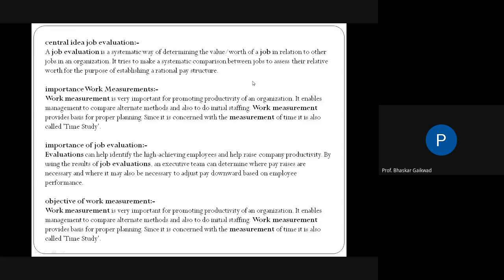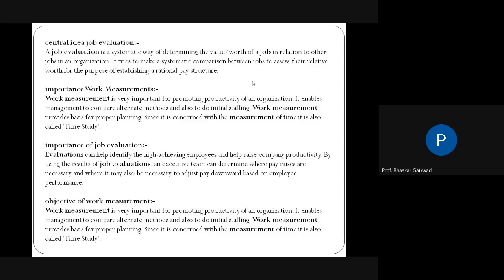So up till now, we have gone through the different things used in work measurement, job evaluation, and merit rating: the titles, the central idea, the importance of work measurement and job evaluation, and the objective.